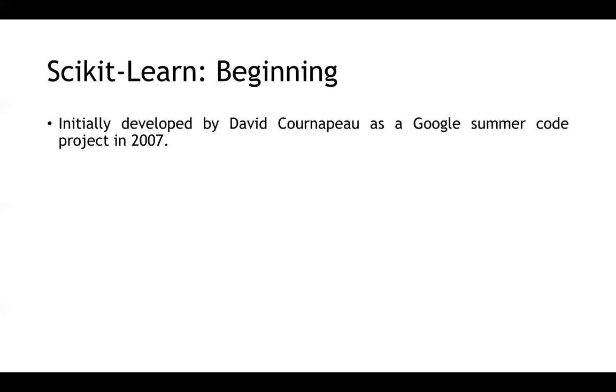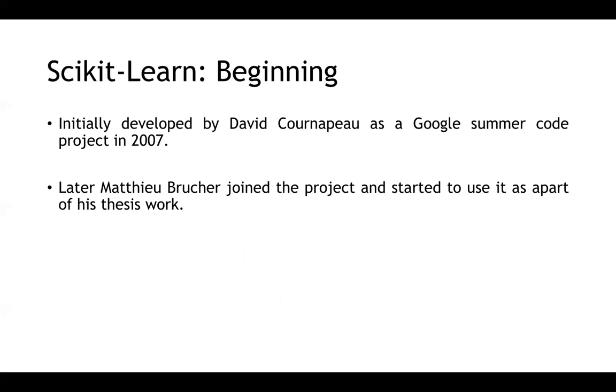All right, so where did Scikit-learn come from? It was initially developed by David as a Google Summer of Code project in 2007. He is now a software developer at Enthought. Then later, Matthieu Brucher joined the project and started to use it as part of his thesis work.